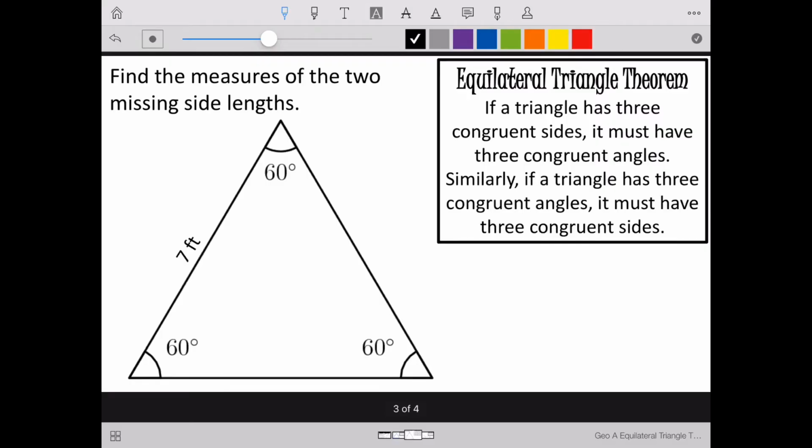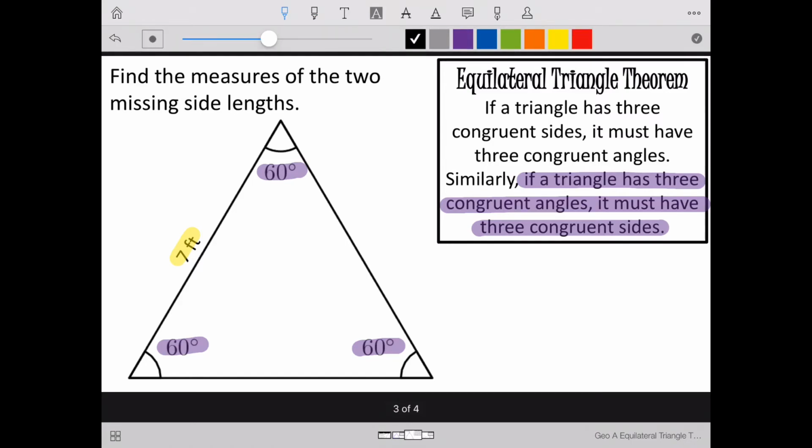Find the measures of the two missing side lengths. Right now, we know that this side is 7 feet. We do not know what the other side lengths are. But we do know that we have three angles in this triangle, and all three angles are 60 degrees. Well, our equilateral triangle theorem says if a triangle has three congruent angles, it must have three congruent sides.